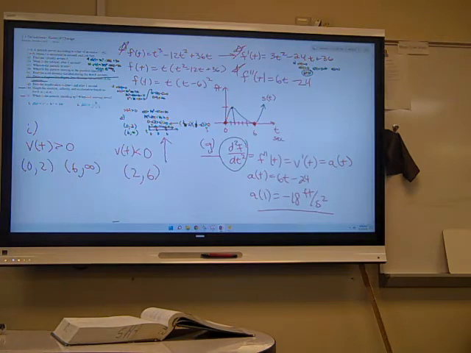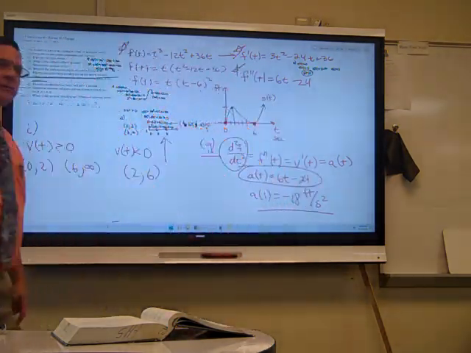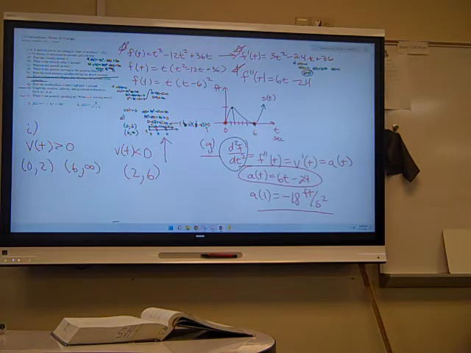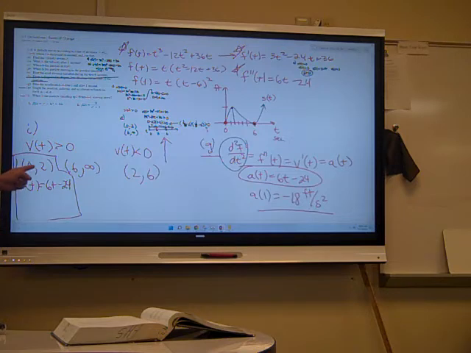My acceleration now from the previous part is 6t minus 24. So, guys, if I have acceleration equals 6t minus 24, in the first interval, 0 to 2, if I plug in 1, what's my acceleration going to be, positive or negative?